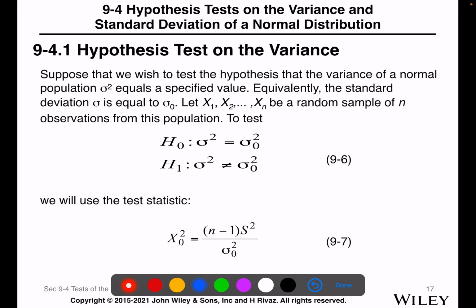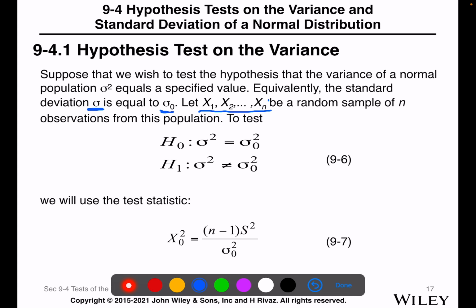Here, what we are interested in is we have n measurements or n samples, and we want to find out whether the standard deviation of the population is equal to something that we think is the standard deviation, sigma 0.